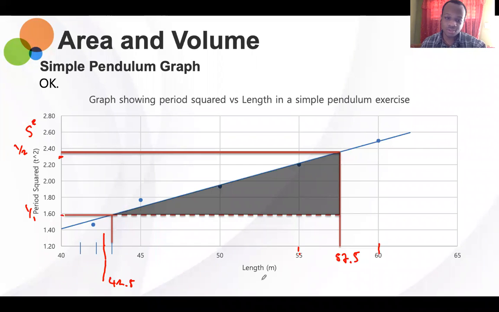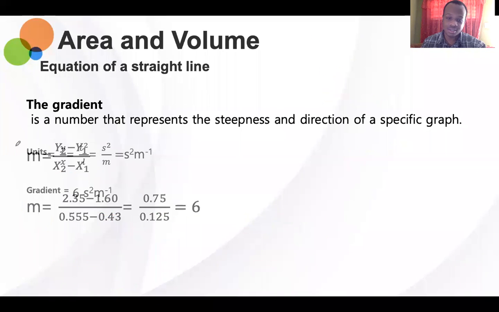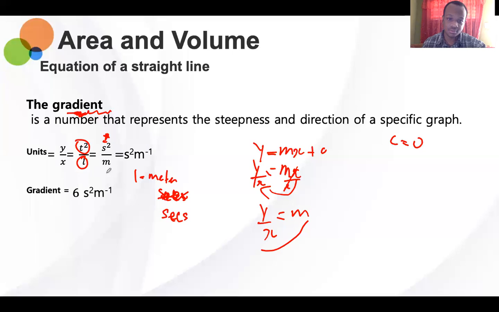The unit for the length is m. And if we're going to square the time, it would be seconds squared, right? Are we understanding that? We get this right here?